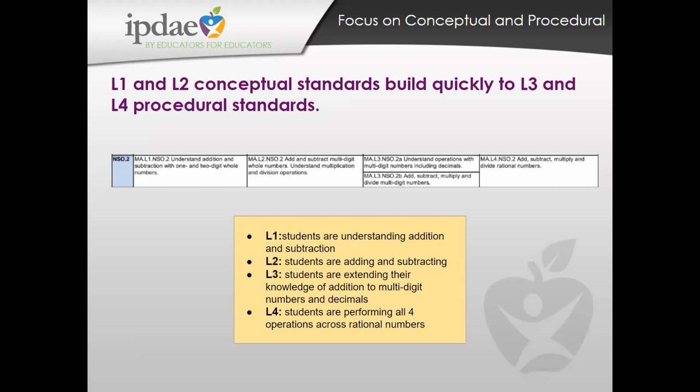And then they're performing at level 4, all 4 operations across rational numbers, right? So we go quickly from building the concept of these operations, to then being able to perform the operations, and then students extending their knowledge of those operations to other types of numbers. So first it's decimals, and then it's the broader set of rational numbers.